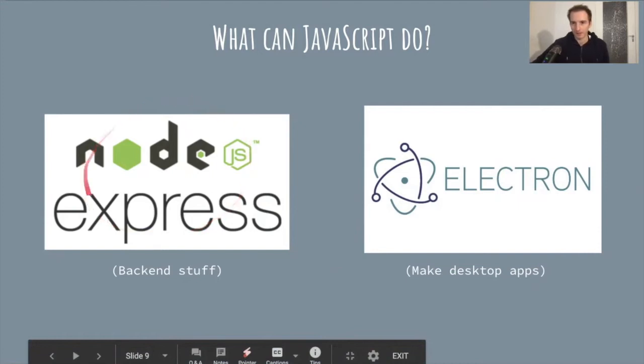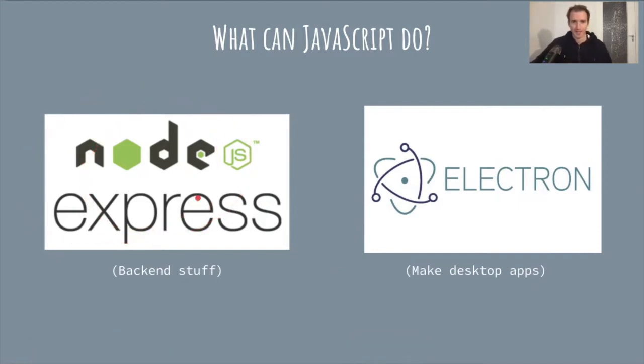I think I probably touched on this already in one of the intro lectures. There's a framework called Node.js that allows us to create servers using JavaScript. So usually JavaScript runs in your web browser. We're going to talk about that in a few slides' time. But with Node.js, you can actually give it access to your computer's file system, which means that you can create a server.